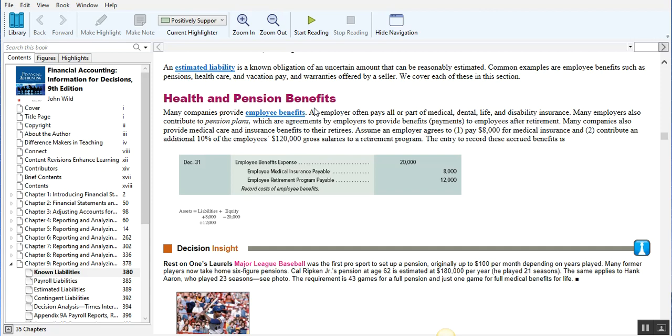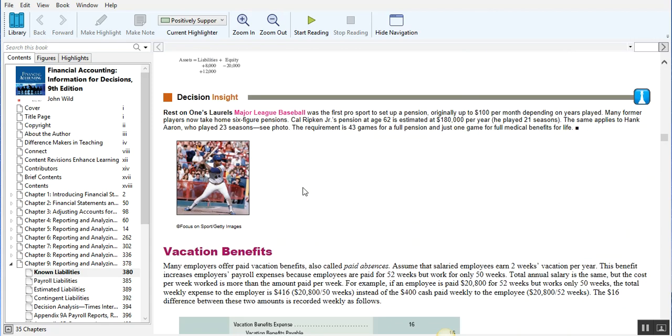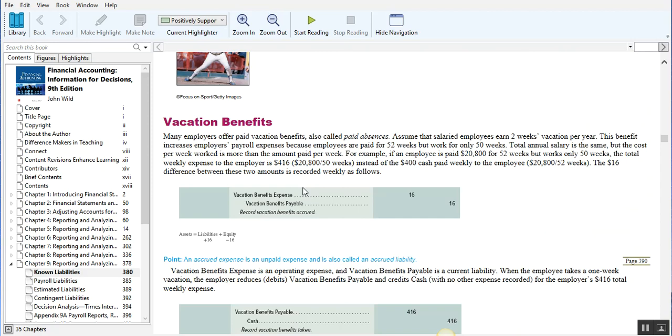When you are setting this up, when you want to set the money aside for health and pension benefits, you'll have a benefits expense, and then you'll show a credit to the medical insurance and the retirement program payable. Vacation benefits are going to be a lot like that.